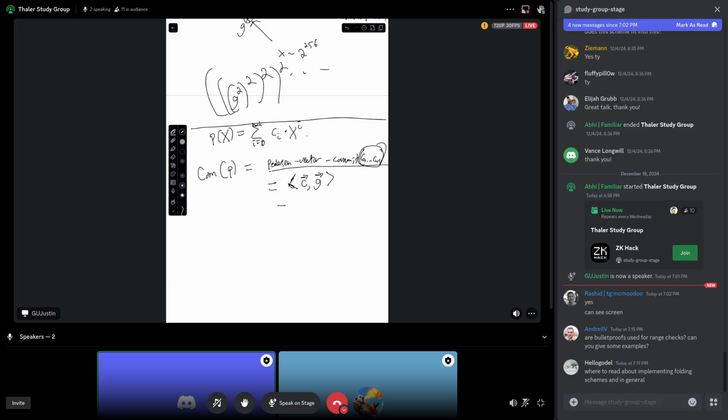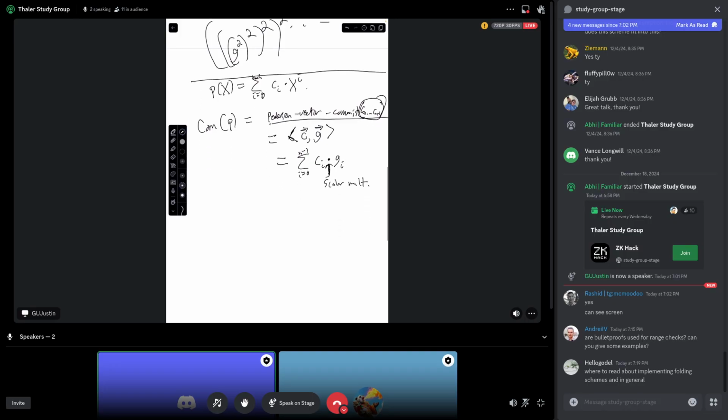That is the sum over the entries of the vector of that entry times g_i, and here this is scalar multiplication. If we were using multiplicative group notation, I would write this instead as the product for i equals 0 to n minus 1 of g_i to the c_i.